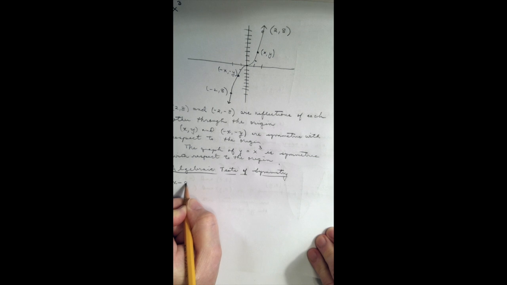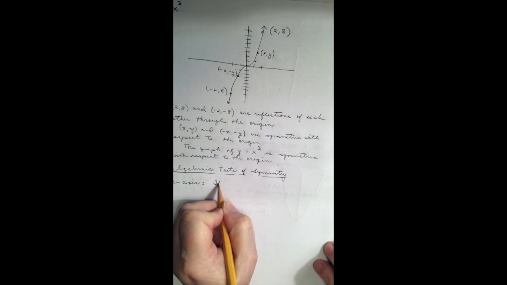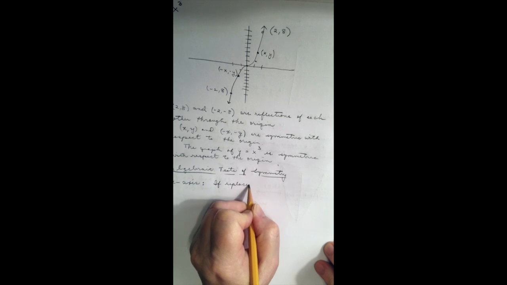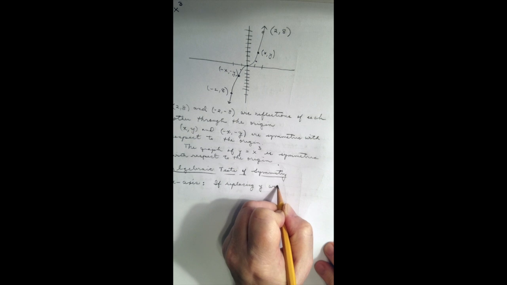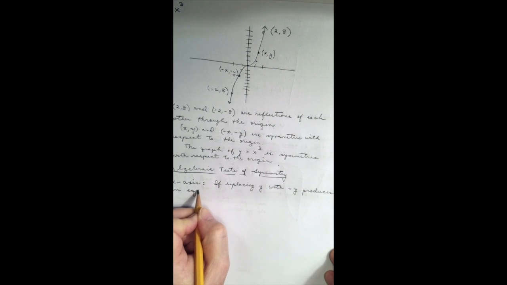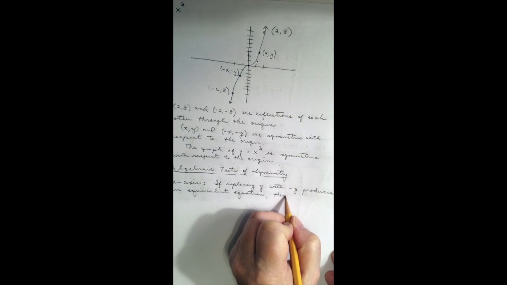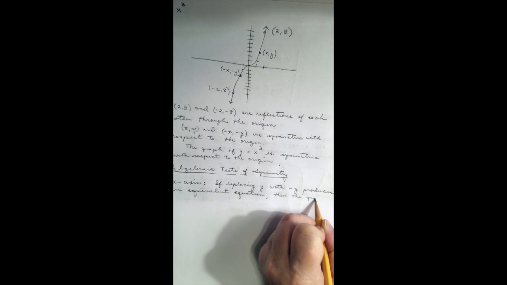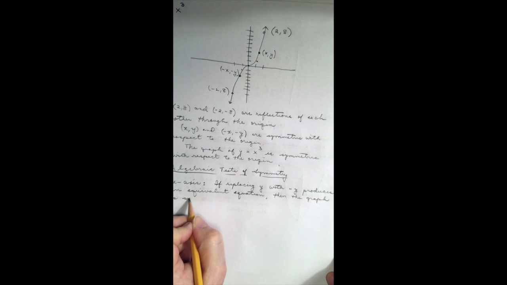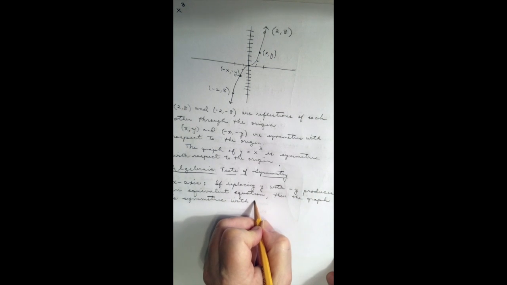So if we're testing to see if a graph is symmetric with respect to the x-axis, we can say if replacing y with -y produces an equivalent equation, then the graph is symmetric with respect to the x-axis.